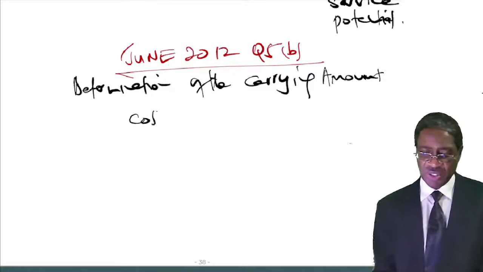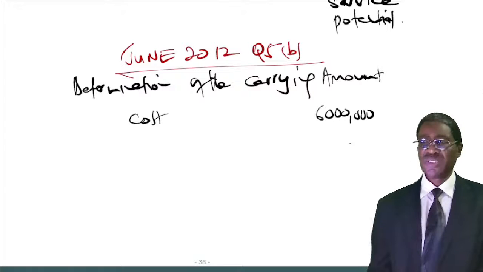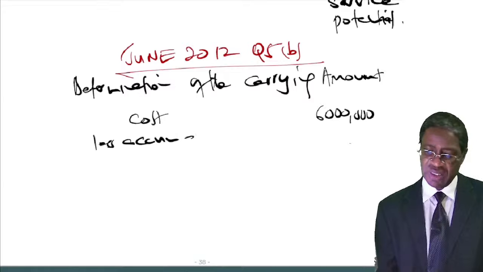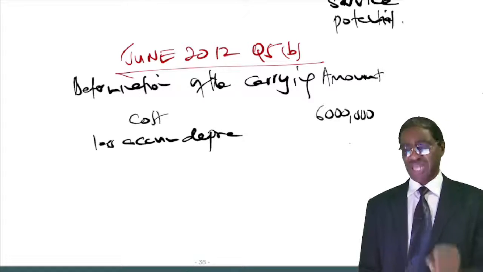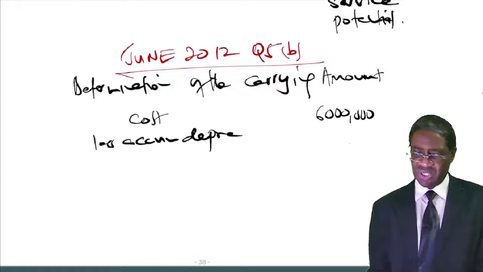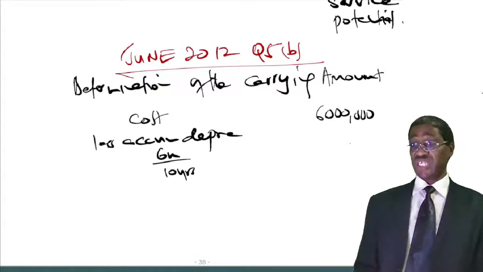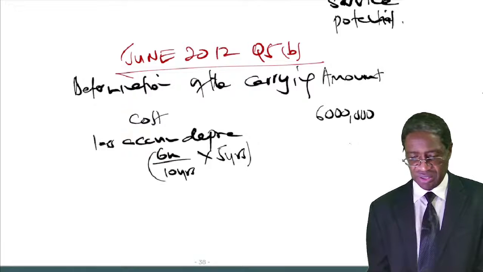Let's take the cost. We are told the cost was 6 million. We less accumulated depreciation. That bus cost 6 million. It had a useful life of 10 years. We are testing in 2010 after 5 years, so we multiply by 5 years.